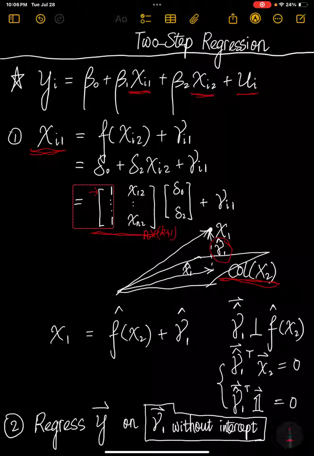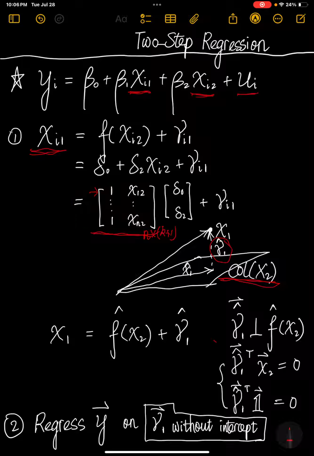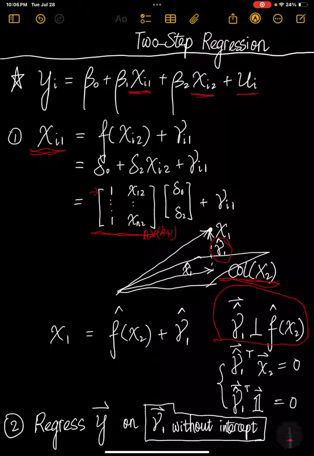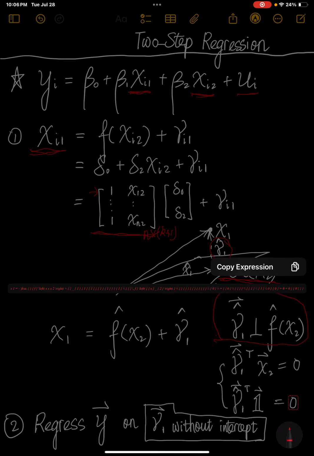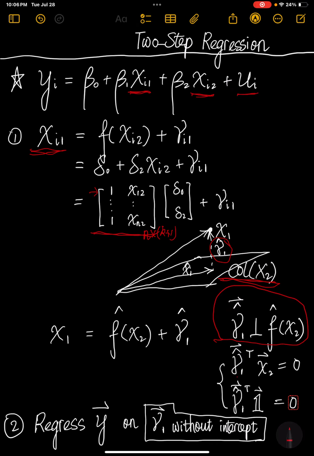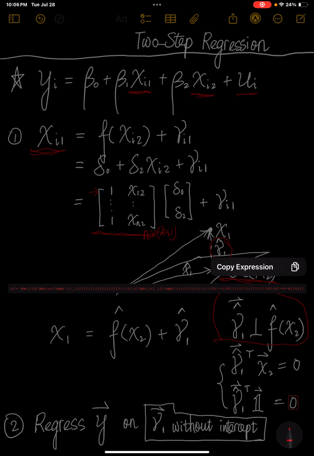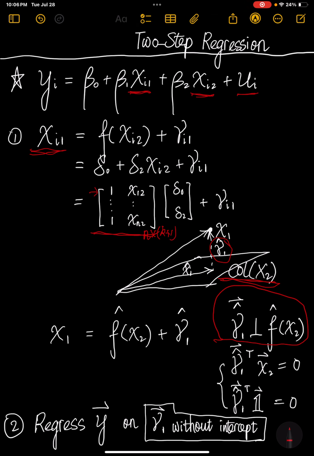To write this out as a mathematical expression, to represent the fact that the residual vector is perpendicular to the projection vector, it just means that the residual vector is orthogonal to every column vector of the design matrix.